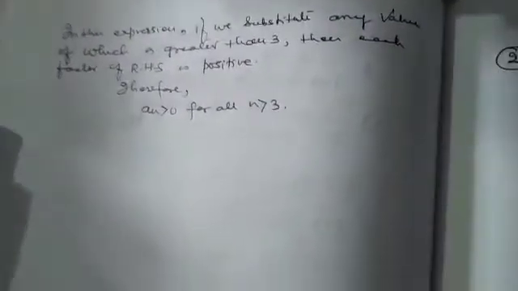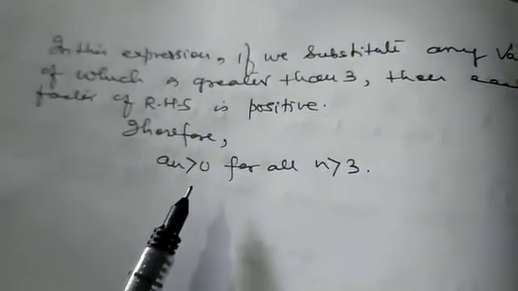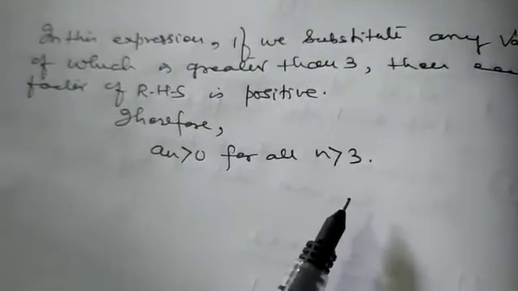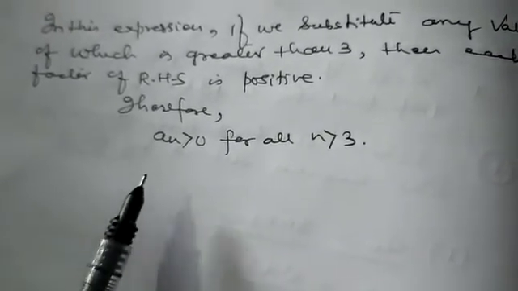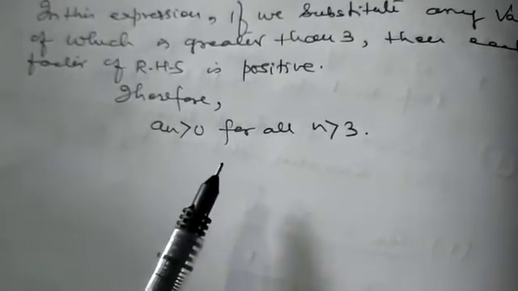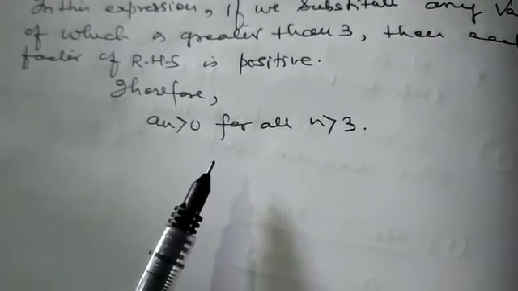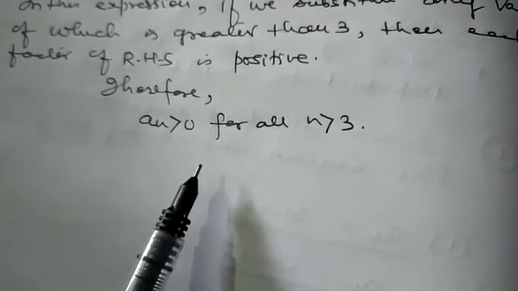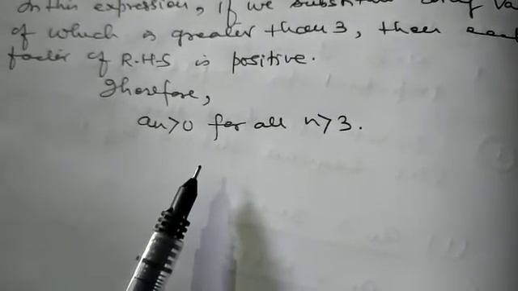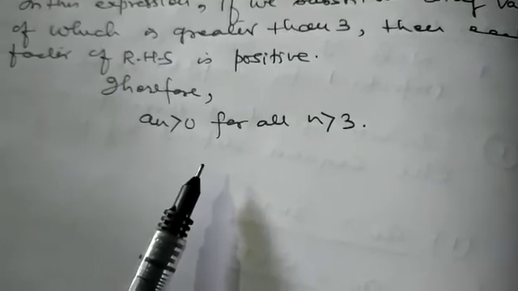So by putting n greater than 3, we have an greater than 0, and by putting n equal to 1, 2, 3, we observe that an is equal to 0. In this way, we can solve this problem. Thank you very much.